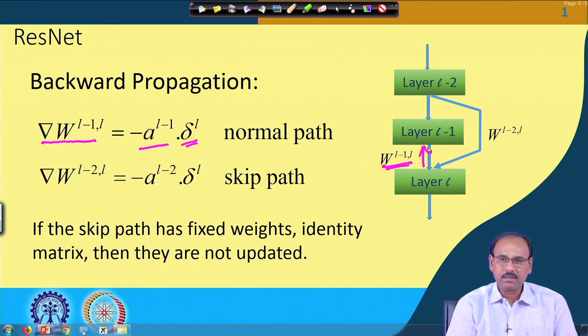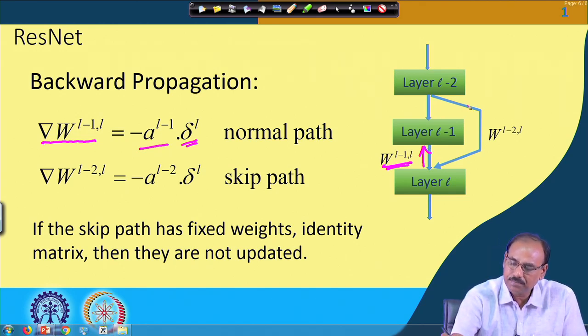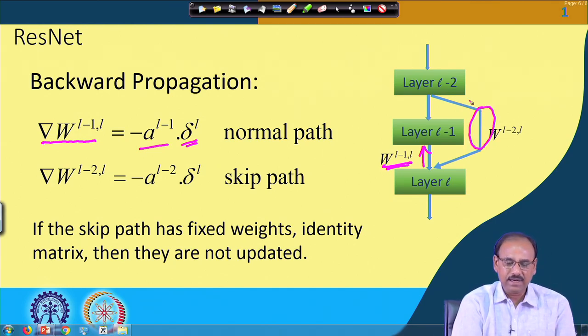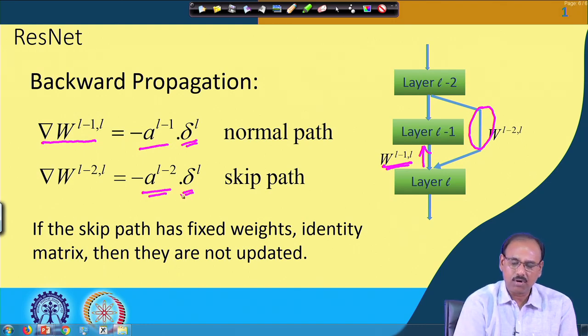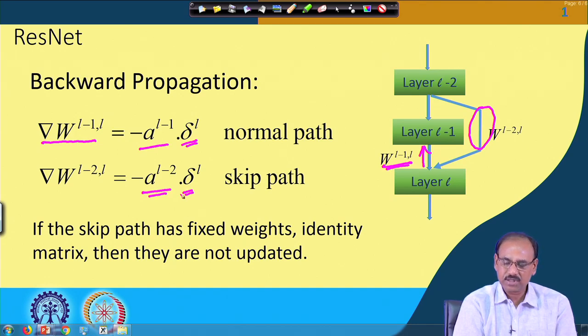And when you use the skip path, for updating these weights W L minus 2 L, the gradient flow becomes delta W L minus 2 L is minus A L minus 2, as A L minus 2 is the output activation of layer L minus 2, times delta L. So this is what follows the skip path. And of course, if the skip path has fixed weight, in that case this weight updation of the skip path is not required anymore, because it becomes an identity matrix.